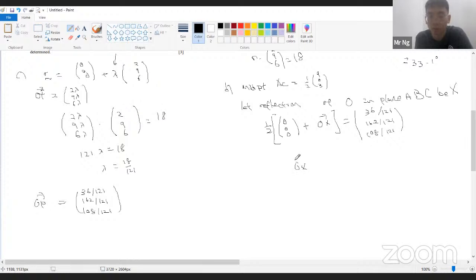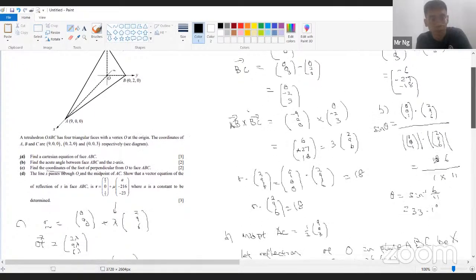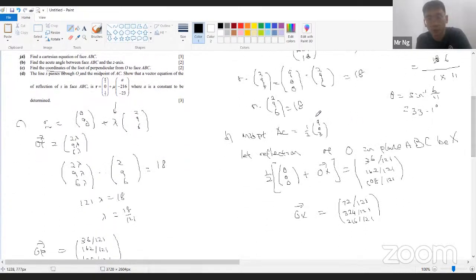So OX should be equal to 162 times 2. Okay, so OX is this. So the midpoint is this.